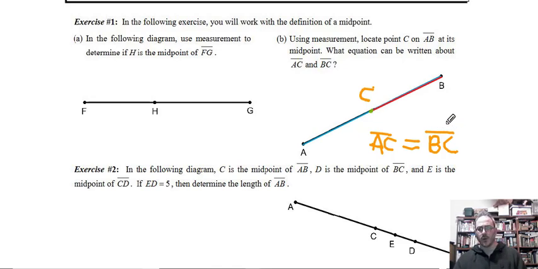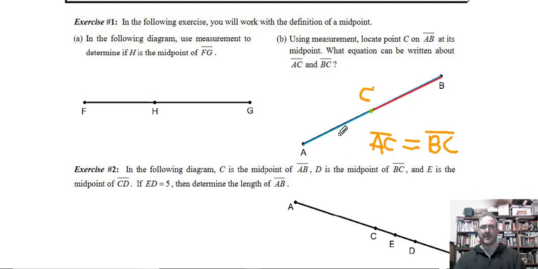Does that make sense? You've just partially hit your learning target. If a midpoint cuts a segment directly in half, it creates two equal segments, which means the two parts can be set equal to each other in an equation. That's really where we want to get you.